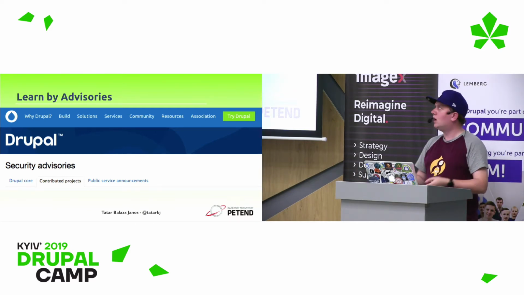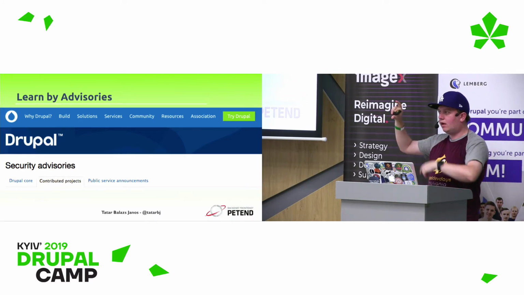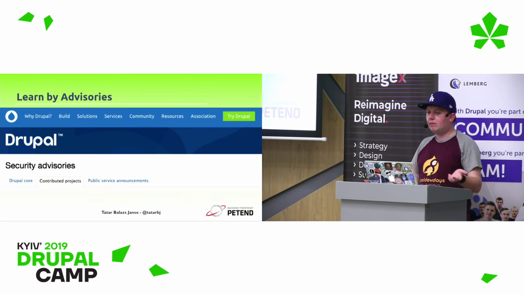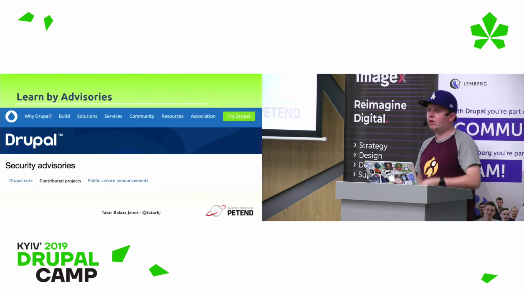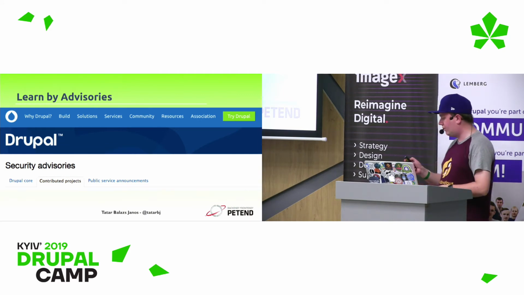But still, the next day or when you have some free time, check the code change, because the most that you can get out of that is seeing that the issue was, for instance, an XSS, and by the commit you see what happened. For instance, a check markup got implemented there. Always check the advisories, not just on the Drupal.org page, but also the code. You can learn a lot out of that.